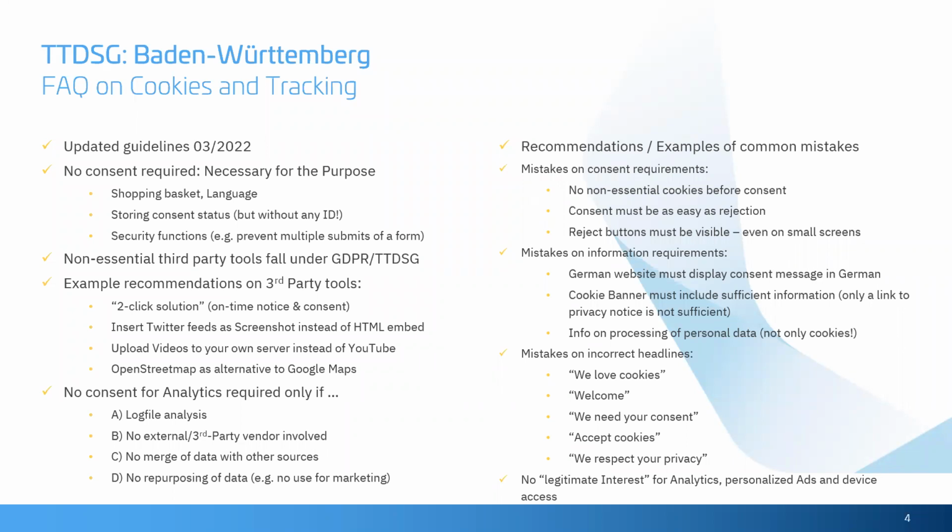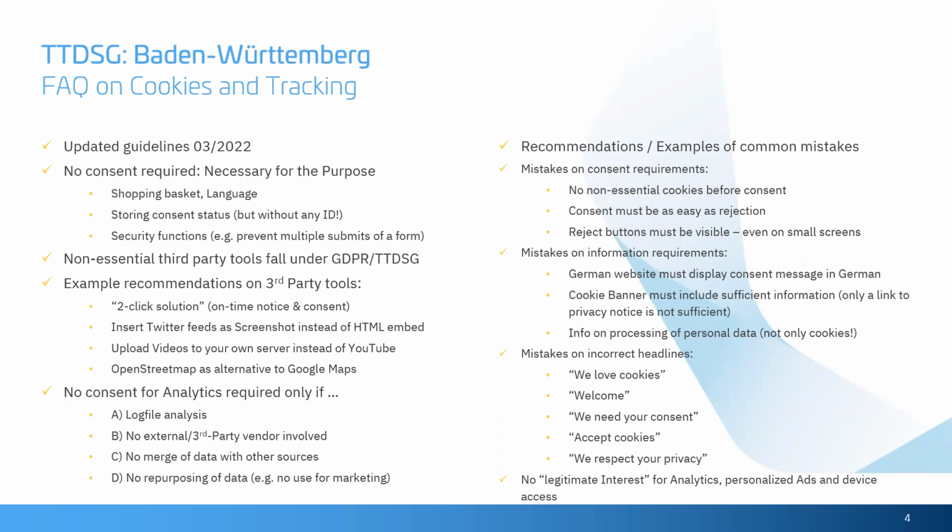What was also interesting from the guidelines is they give some examples of bad headlines. For example, we love cookies, or welcome, or we need your consent, accept cookies, we respect your privacy. Baden-Württemberg says those headlines are too unspecific. The headline should be something like consent on cookies and data processing.